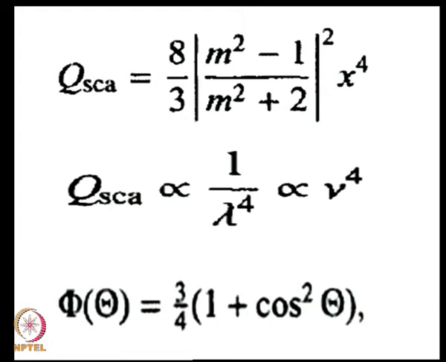What is interesting is that in this limit, the scattering of solar radiation by these particles will go as 1 over lambda to the power of 4. And the scattering phase function is of course somewhat different from the isotropic scattering one is used to.